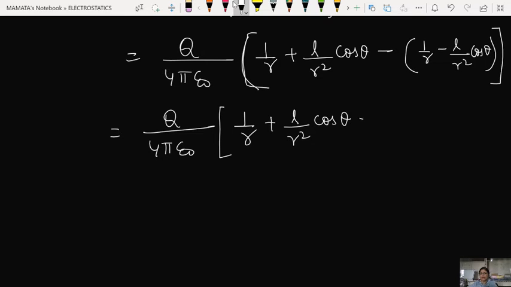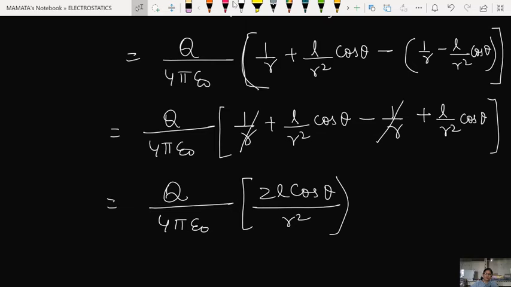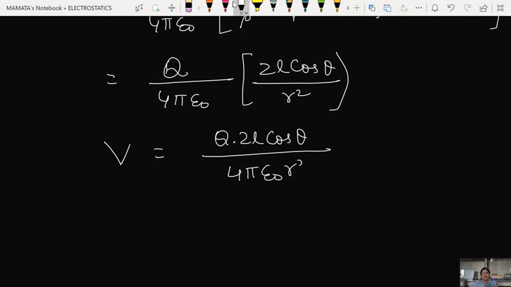After removing the brackets, 1 upon r and 1 upon r cancel out, and the remaining quantity is q upon 4 pi epsilon naught times 2l cos theta upon r square. This result can be written as q into 2l cos theta upon 4 pi epsilon naught r square.